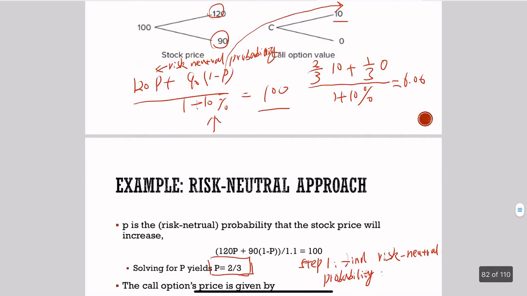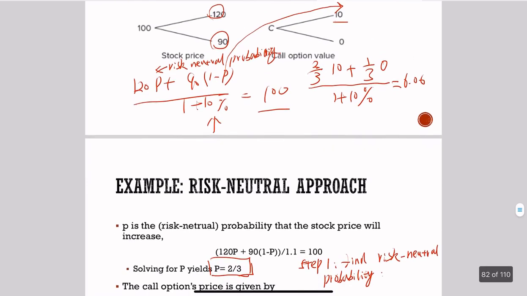Well, you will use the share price because you know that the share price could be either 120 or 90. And you know that if you discount this expected cash flow from this share using the risk-free rate, then you should get its present value, which is 100. So this will solve P.